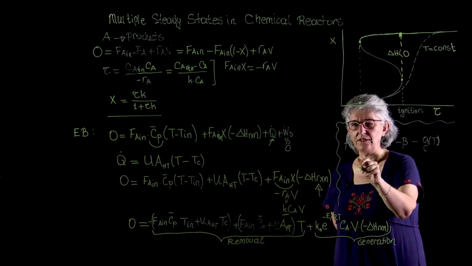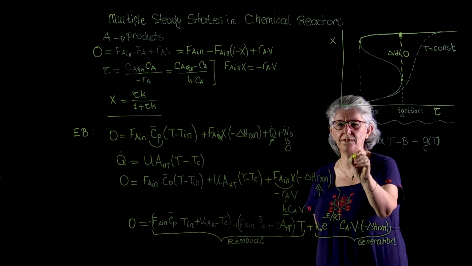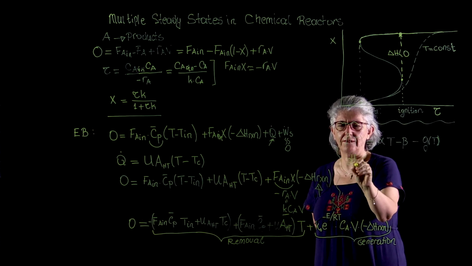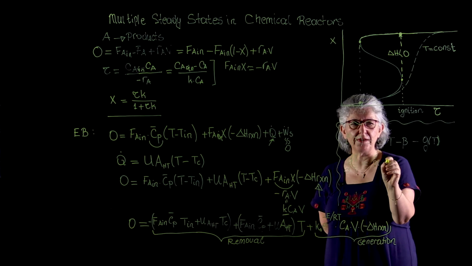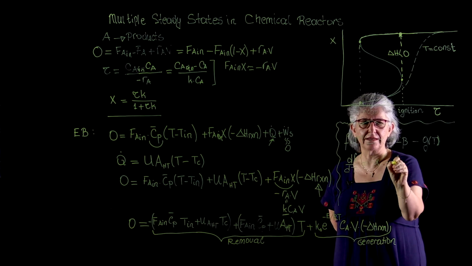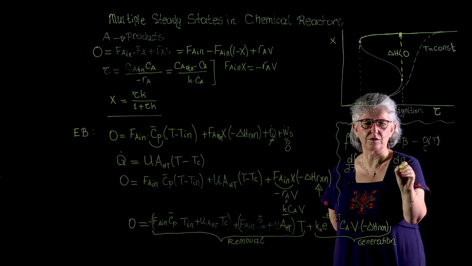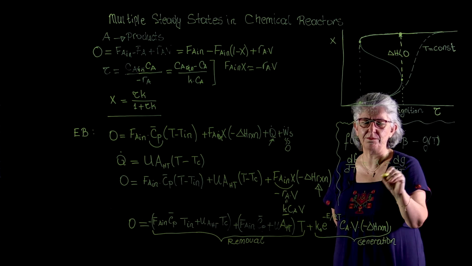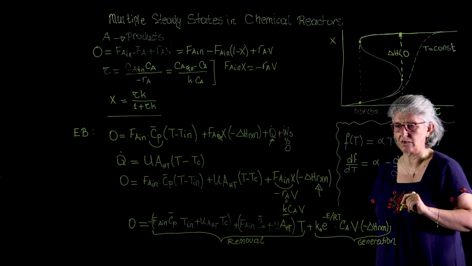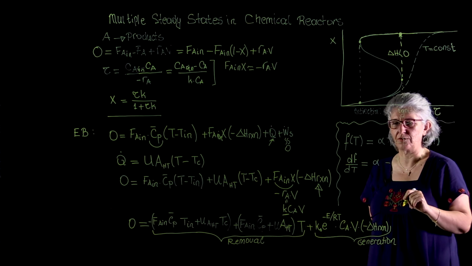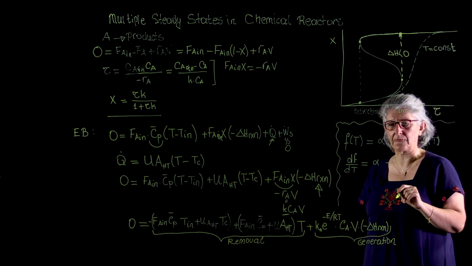How do we know that? We are going to take the derivative of f with respect to T. That leaves us with alpha minus dg over dT. Here we presume that f and g are only a function of temperature, and therefore we deal with total derivatives.